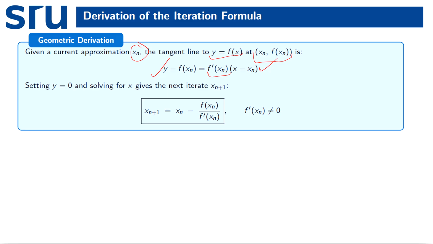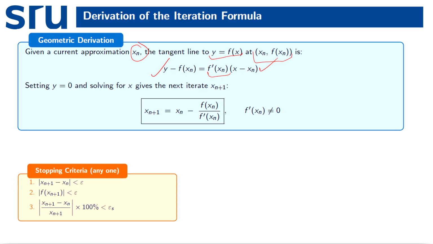Now here comes the main idea of the Newton-Raphson method. We are interested in finding the root, right? That means we want the point where y equals 0.